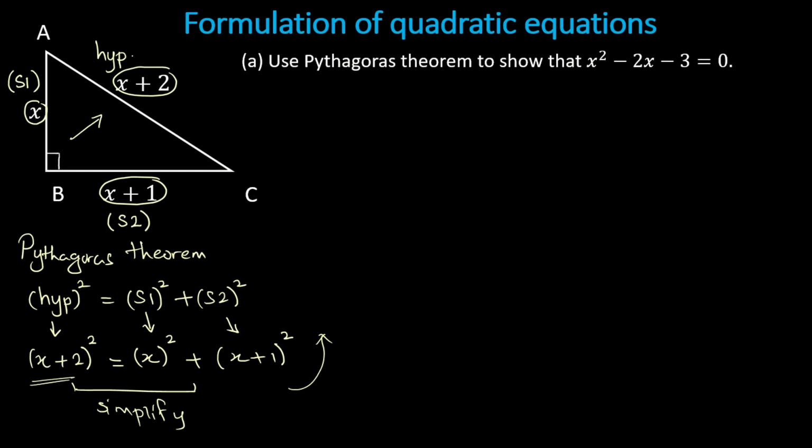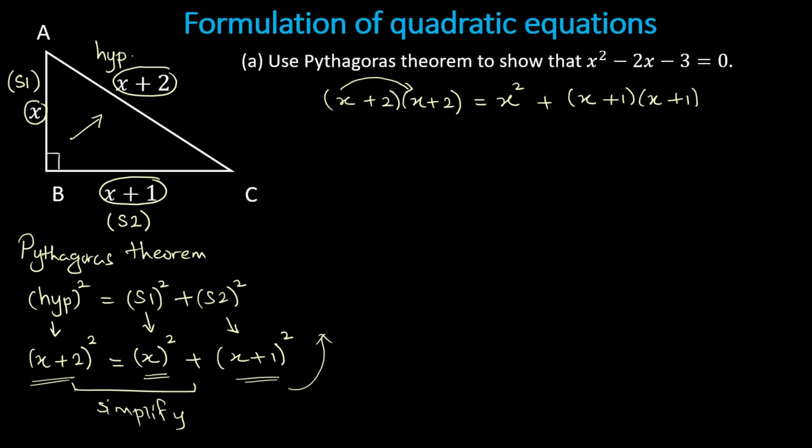It is simply x plus 2 times x plus 2, right, equals, the next term here is x to the power of 2. It is simply x squared plus, and the last term here is x plus 1 to the square, meaning x plus 1 times x plus 1, right? And now we have to expand the pairs of brackets.